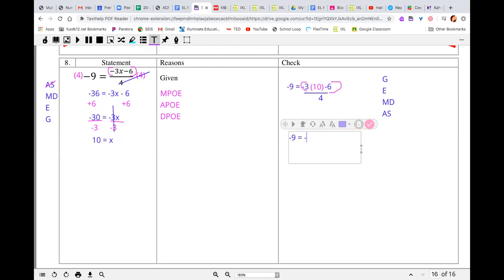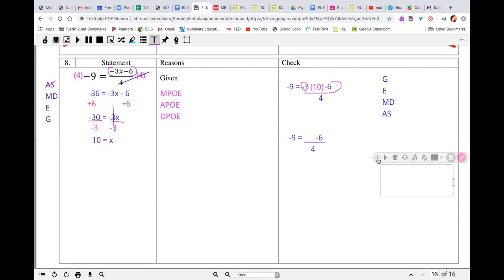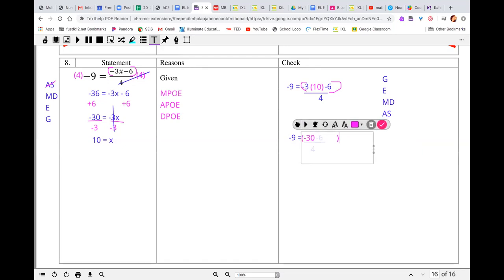Negative 9 equals negative. Oh wait, I want to put my new answer here. Okay, minus 6. So what I'm doing is I'm rewriting the entire problem again. Fraction line. Now my other color, it's like negative 30. And I'm gonna go with this because we still have our group symbol, so we'll keep that in.